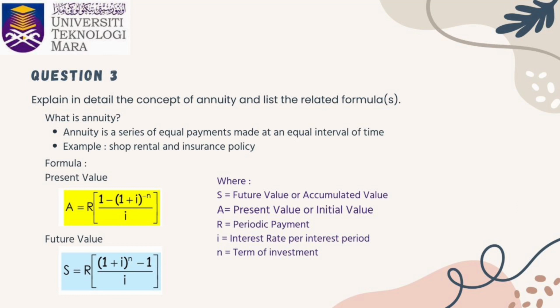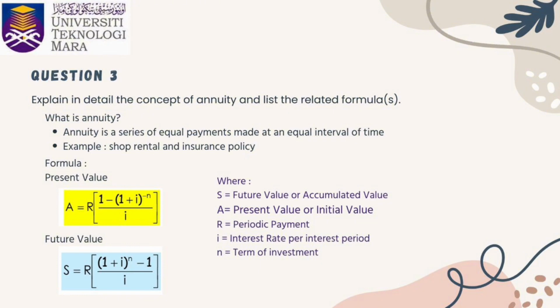The first formula is to find the future value or accumulated value: S equals R times [(1 + i) to the power of n minus 1] divided by i.